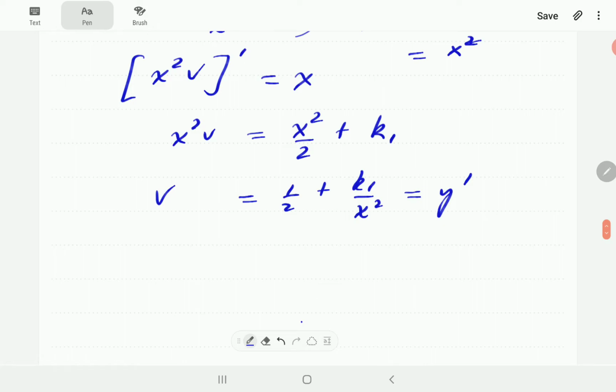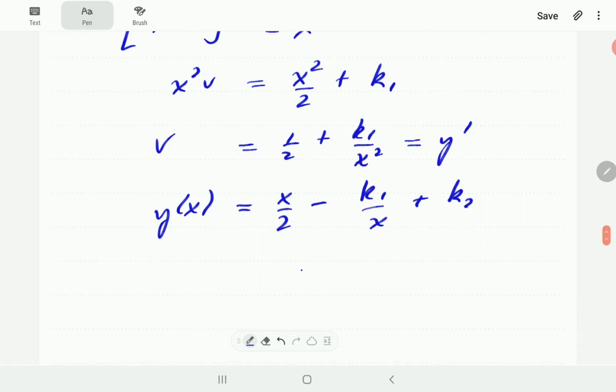So from here, if we integrate again, we can now get an expression for y. Integral of a half is going to be x over 2. Integral of k1 over x squared is going to be minus k1 over x, and then this is going to be plus k2.